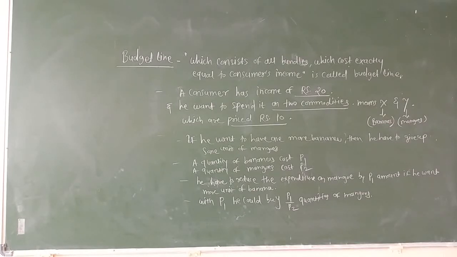Therefore, if he wants one more unit of banana, he has to reduce his expenditure on the mango by P1 amount. So with the P1 he would buy P1 divided by P2 quantities of the mango.